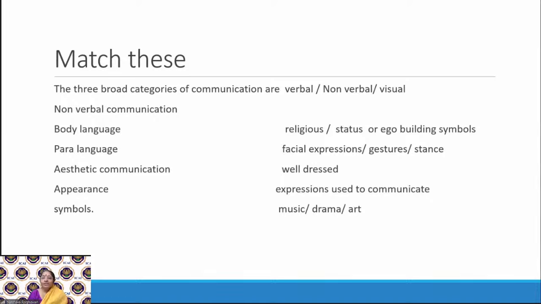Symbols, well-dressed, is something that people can see. Symbols are the religious symbols, the ego-building symbols, status symbols. Visual communication has been tested in the past question papers. And how will you answer that? What is visual communication?